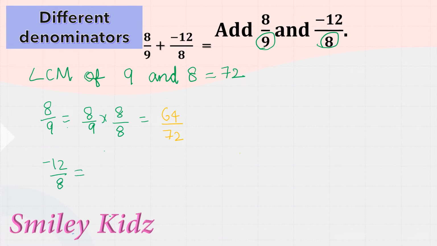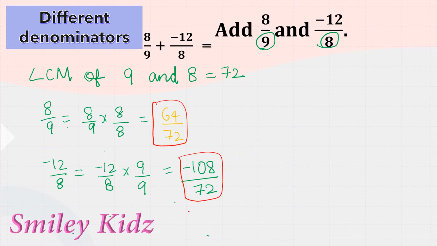-12/8 is equal to -12/8 multiplied by 9/9, which is equal to -108/72. Now we have got the equivalent rational numbers. So let's add the numerators since denominators are same. 64 plus -108 by 72, which will be equal to -44 by 72.